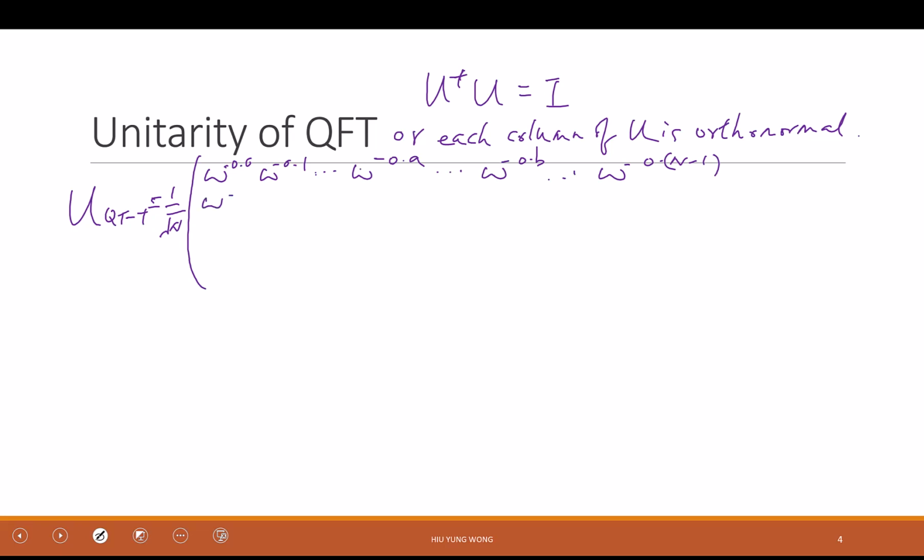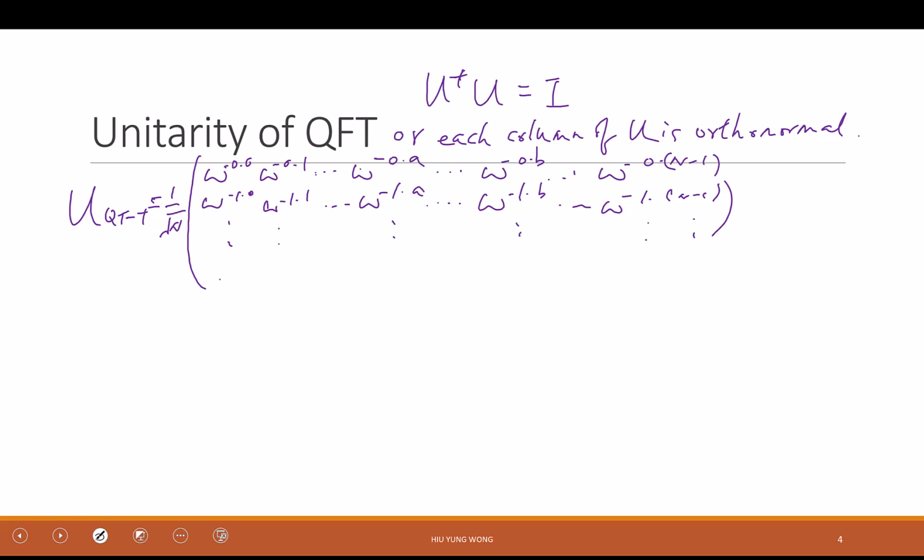For the second row, it's easy: the 0 becomes 1 because it's the first row, with j as the column index. Up to here it is omega to the 1 times a, because it's the first row, ath column, omega to the 1 times b, and then omega to the 1 times n minus 1. We are familiar with this, and then you just keep going.